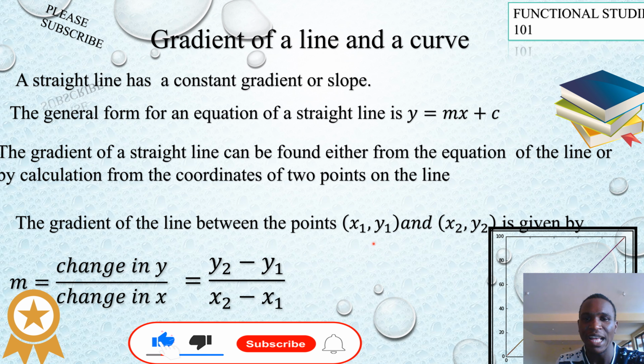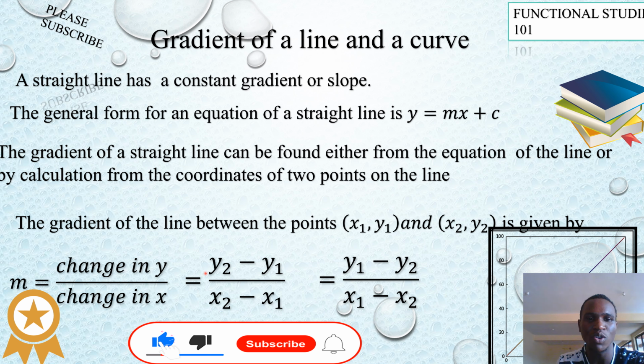Another student might consider the first value minus the second one for the change in y, and do the same thing for the change in x as what? x1 minus x2. It is very correct, okay? But make sure, if you start with this first point as your starting value, you respect it at the denominator as well. So the change in y, y1 minus y2, is also correct, because if you multiply the numerator by -1 and also multiply the denominator by -1, it does not change the expression, right?